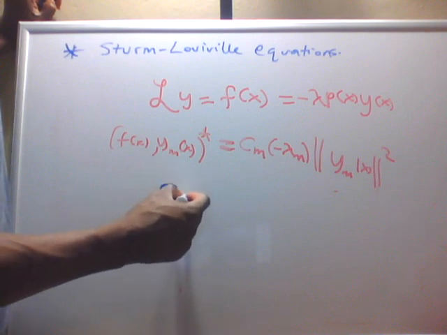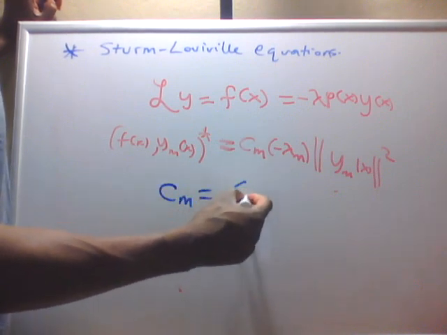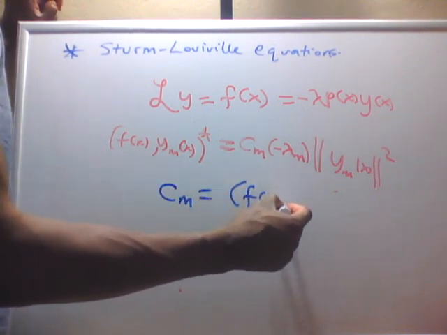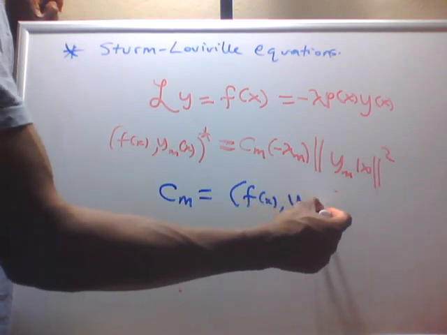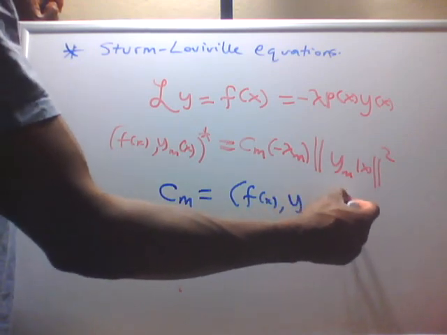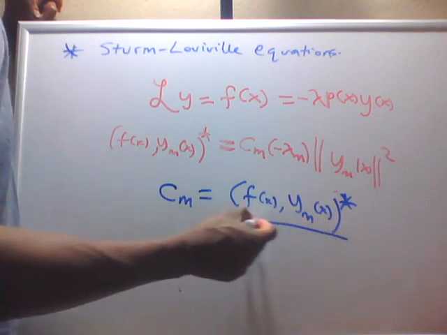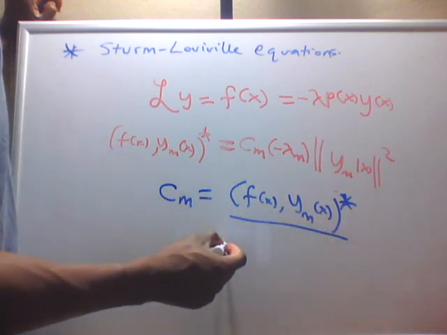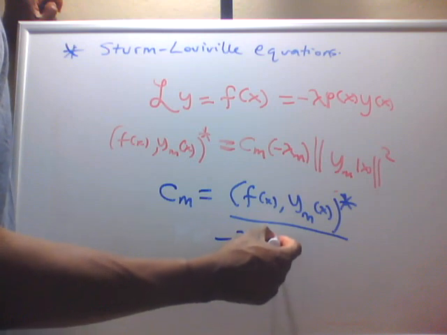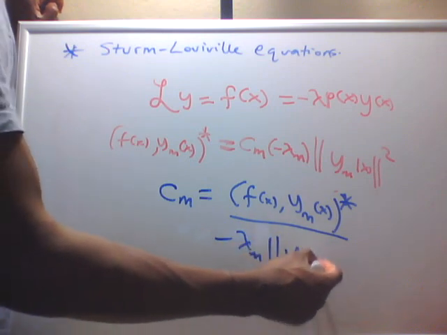So my coefficients can be determined as Cm equals the inner product of f of x with ym of x, with respect to 1, divided by negative lambda m times the square norm of ym.